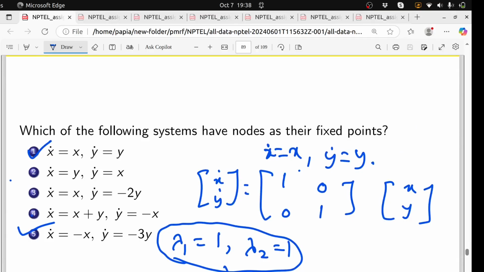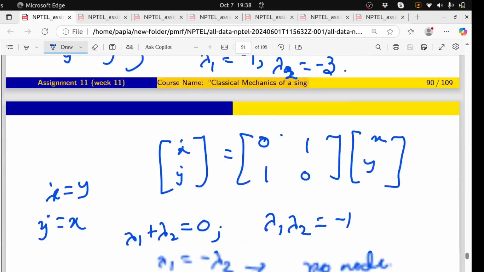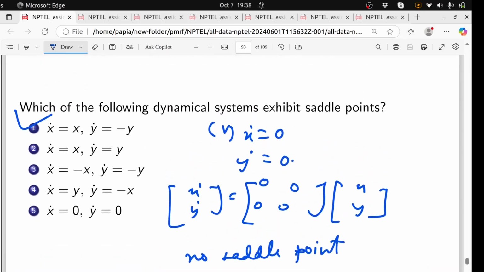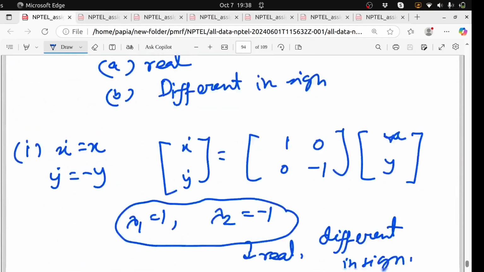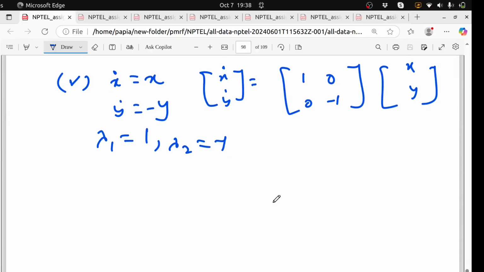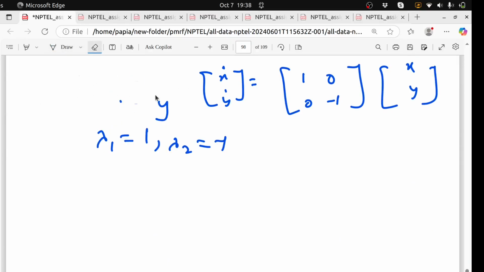This has two options: x dot equals x, y dot equals y; x dot equals minus x, y dot equals minus 3y. x dot equals x, y dot equals minus y, this is the option. I should remove this portion because this has already been explained in the very first option.